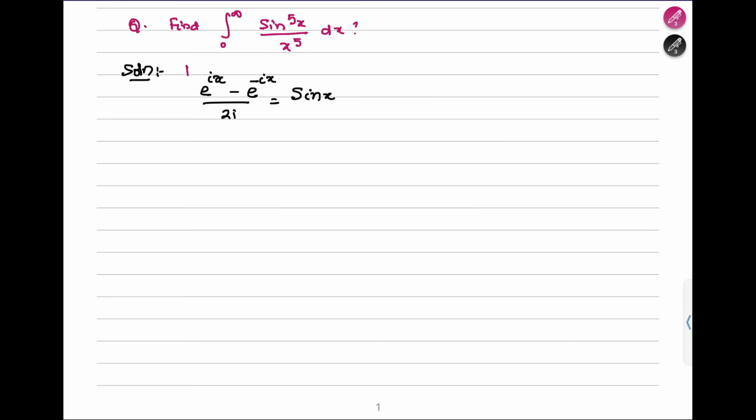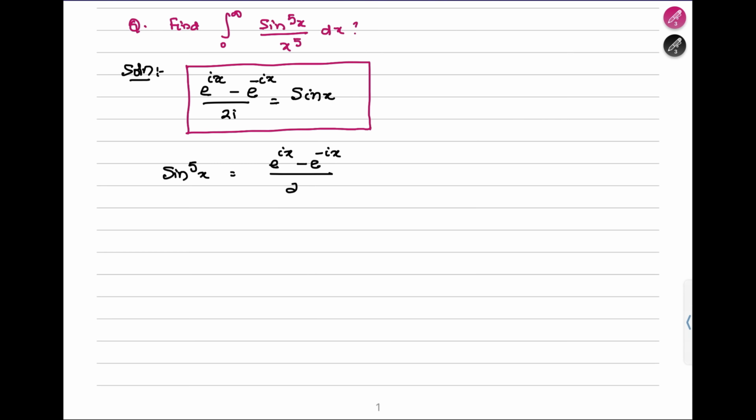Please remember this. Very important equation. Now, what will be the value of sin to the power of 5x? It is equal to the left hand side to the power of 5. That is e to the power of ix minus e to the power of minus ix divided by 2i, to the power of 5.